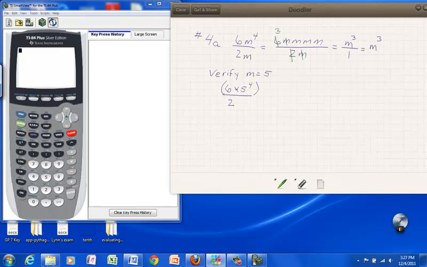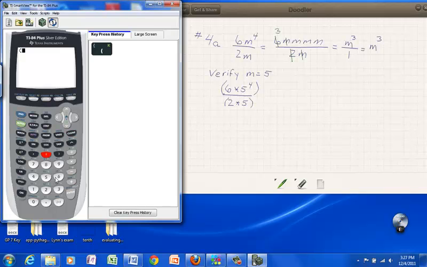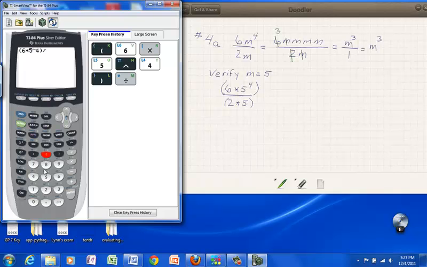Also, 2 times m in the denominator, or 2 times 5, will need to be grouped. The result is 375.